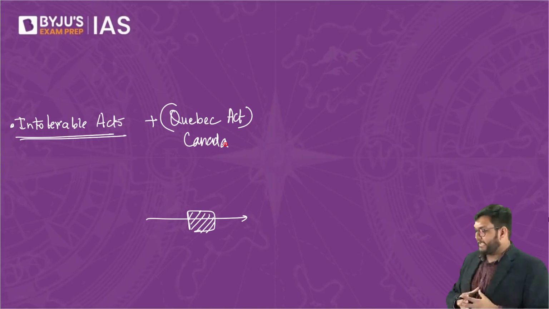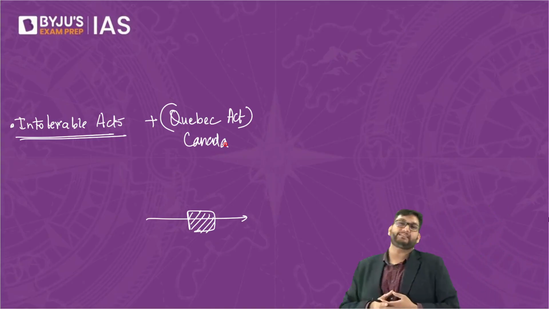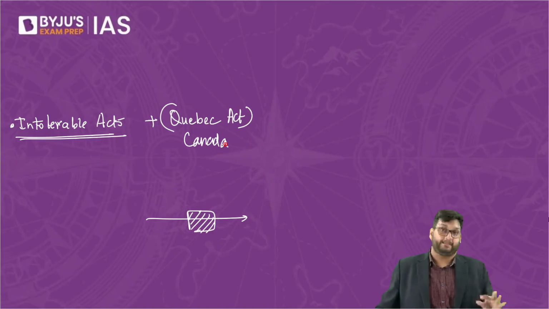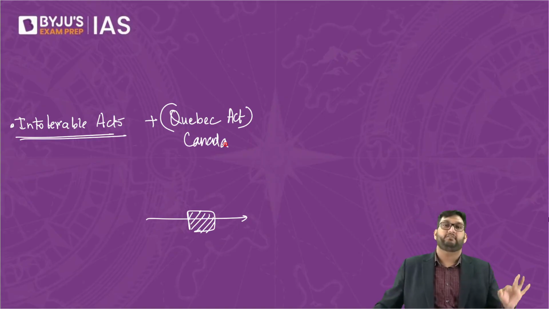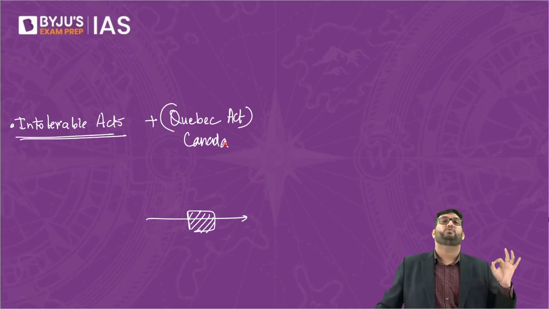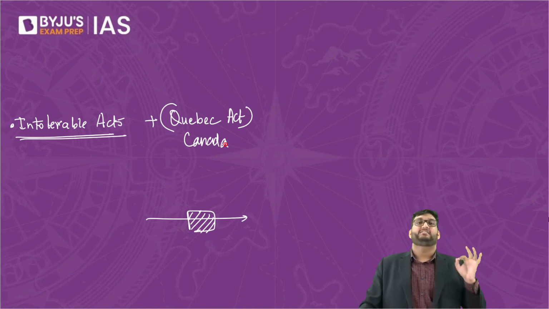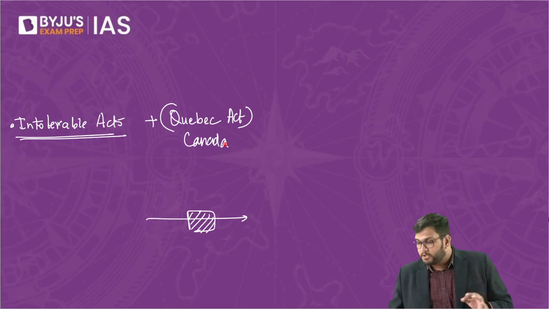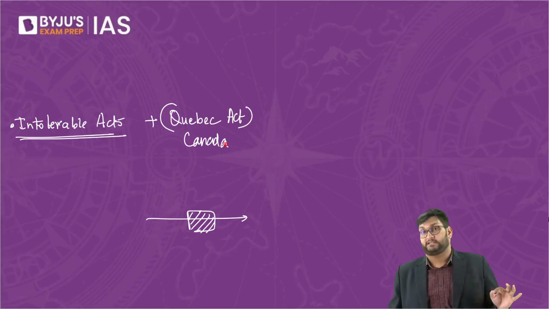Quebec is an area in Canada, and the British introduced a small provision wherein, for the first time, the Catholic Church was given the right to send missionaries to Canada and convert people. And this was seen by the Americans as a major dangerous provision, because most of the Americans were Protestants. And they thought that our religious freedom is now in jeopardy.